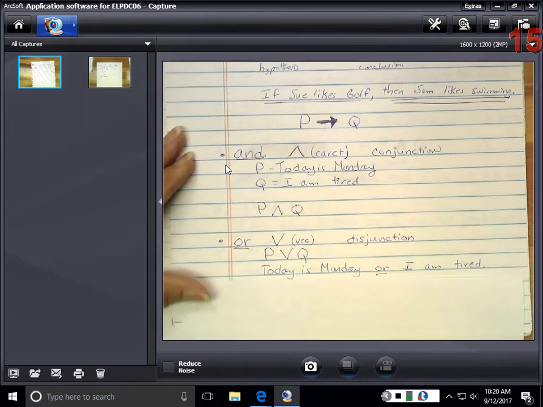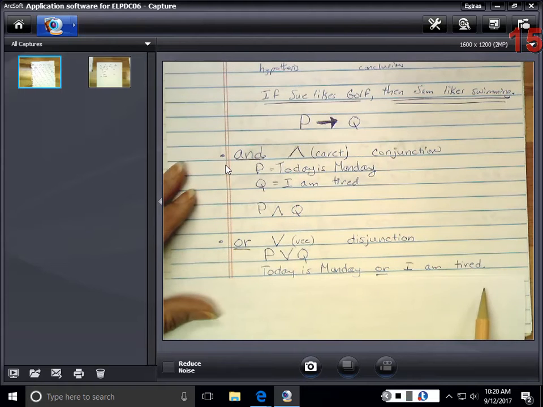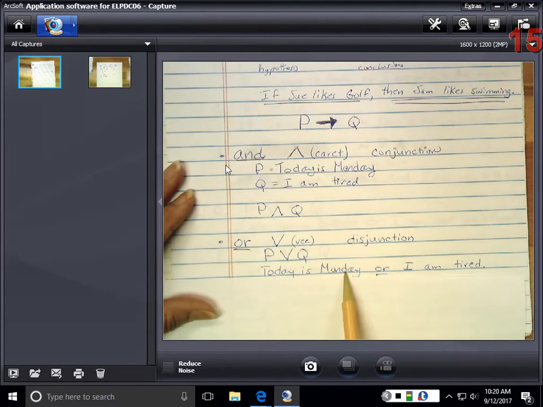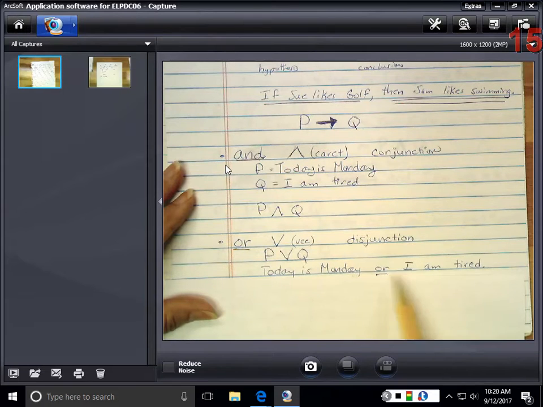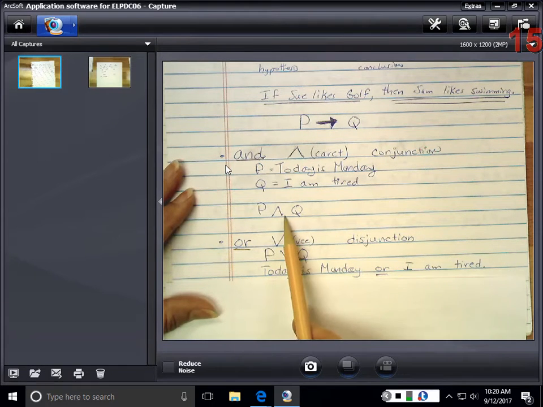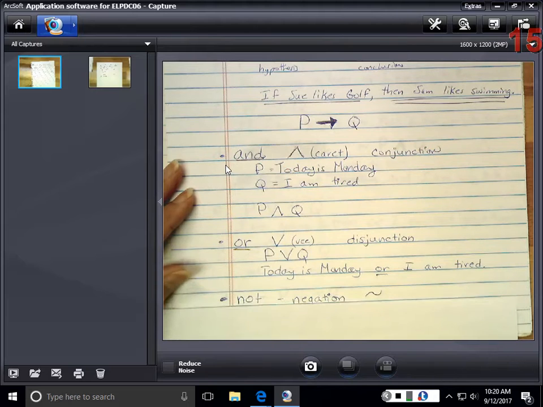Okay, I'll show you. Today is Monday, or I am tired. This is my P, today is Monday. We're using these up here. Or I am tired. We're going to take this and write it this way. We're going to take this and then write it that way. We're going to be going back and forth till you get used to P standing for one part, Q standing for the other. This is for "or," that's for "and," and so forth and so on.